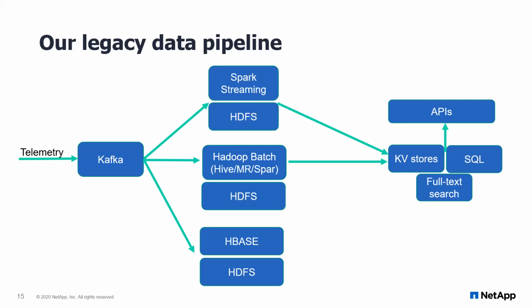And we had quite a few of those, Cassandra, MongoDB, and so on. We also had some SQL for legacy reasons, and a Solr Cassandra cluster for full text search. And it's the right side of this picture that was used to drive our APIs that fed into the UIs, right? So this is the legacy architecture.